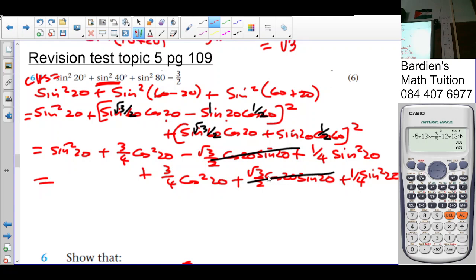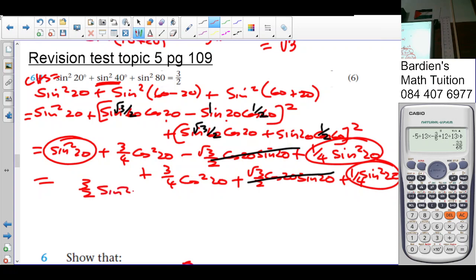So sine squared 20 plus a quarter sine squared 20 plus a quarter sine squared 20. There are 3 of them, which gives you 3 over 2 sine squared 20.